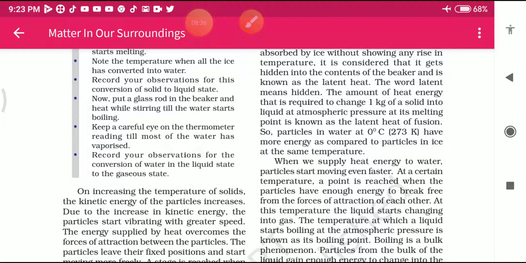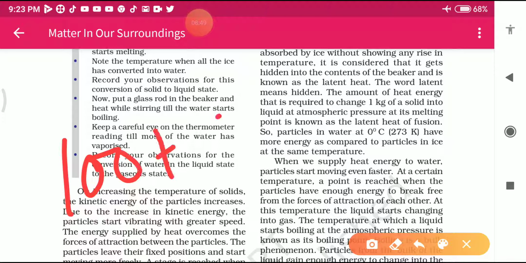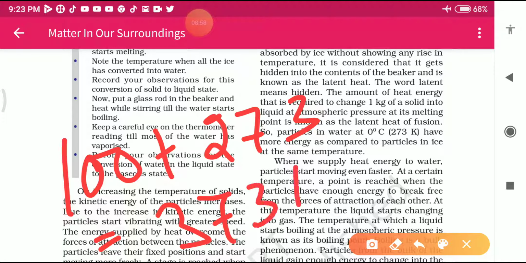is 273 Kelvin. If I ask you what is the boiling point of water in Kelvin, what will you do here? In Kelvin, you will add 100 plus 273, equal to 373 Kelvin.